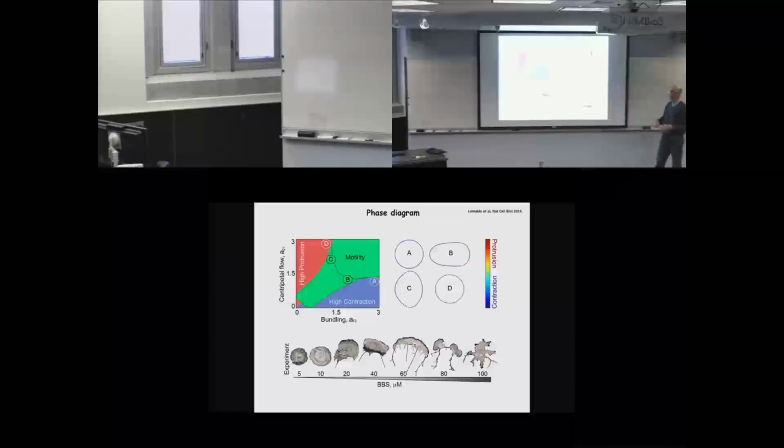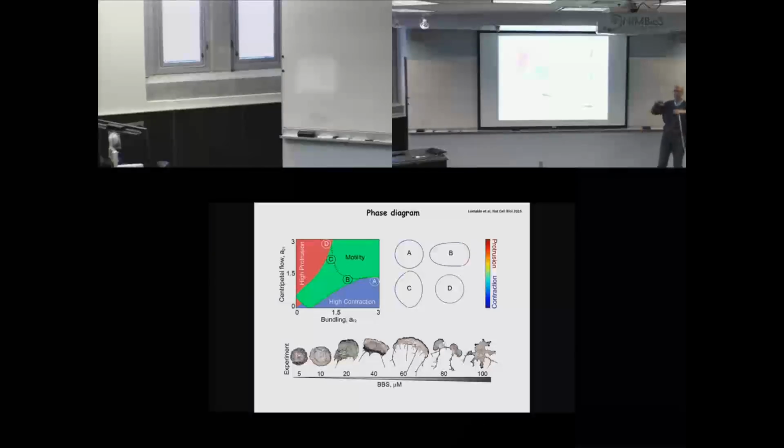Why is that? Because at very high myosin, bundles win everywhere, no matter what. For very low myosin, protrusion wins everywhere, no matter what. When we tested this using variable concentrations of blebbistatin, indeed this is the case. For intermediate myosin, cells move nicely. For low myosin, cells do not polarize. For very high myosin, they are not disc-like, of course, but they're not really moving. They just become ugly creatures creating protrusions everywhere and not able to move coherently.